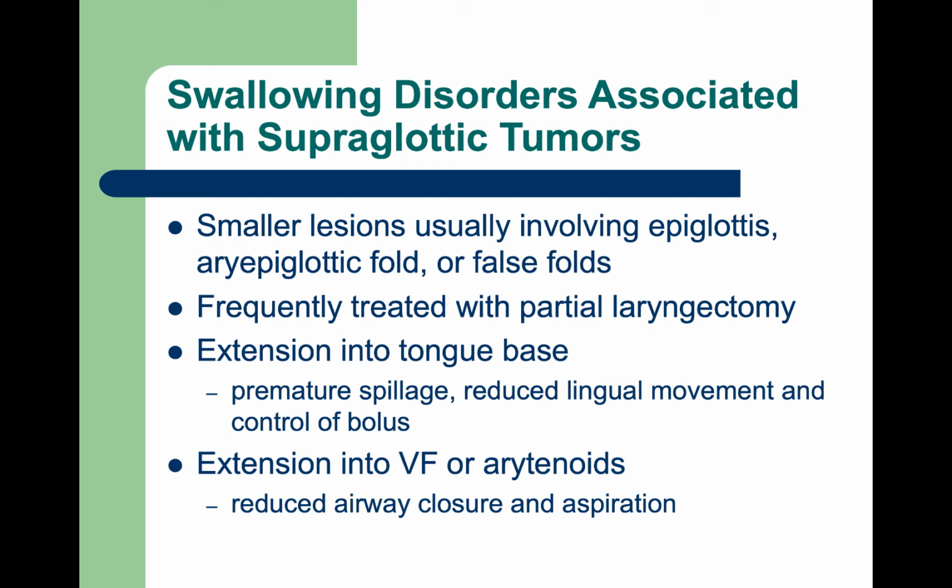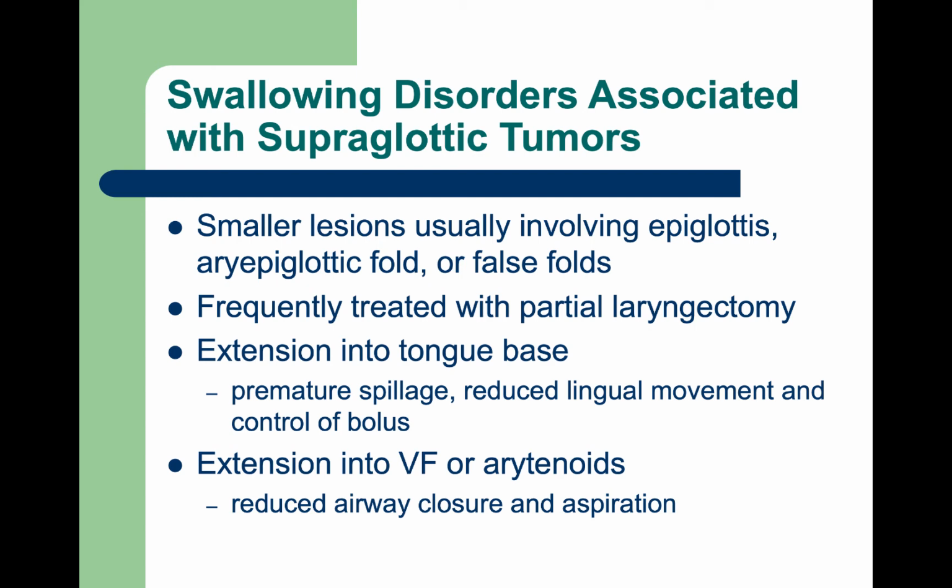Because the epiglottis, the aryepiglottic folds, or the false fold may no longer be present with this procedure. When there are larger lesions, the procedure may extend superiorly to the hyoid bone, to the tongue base, or it may extend inferiorly to one of the vocal folds or arytenoid cartilages.